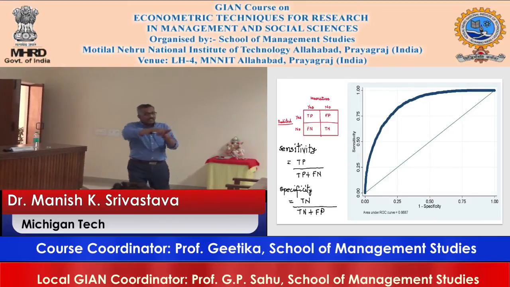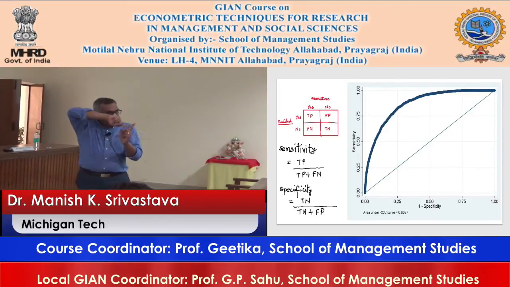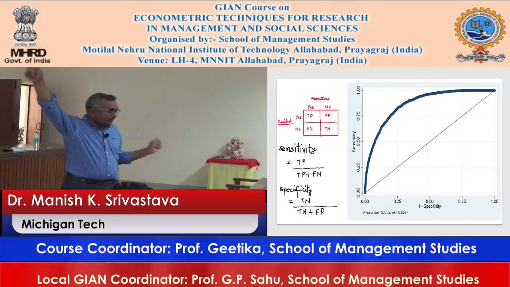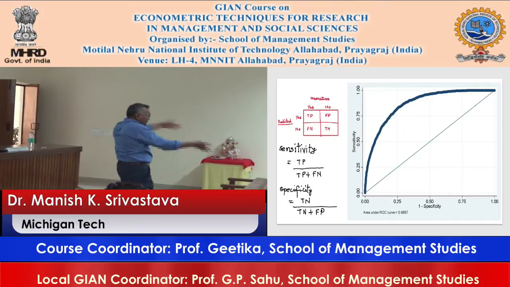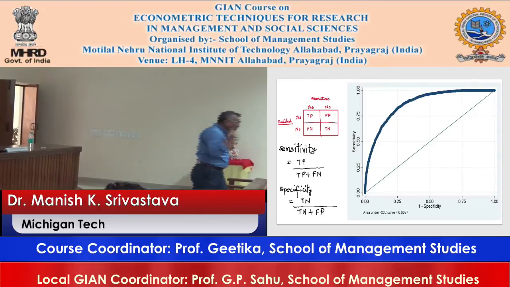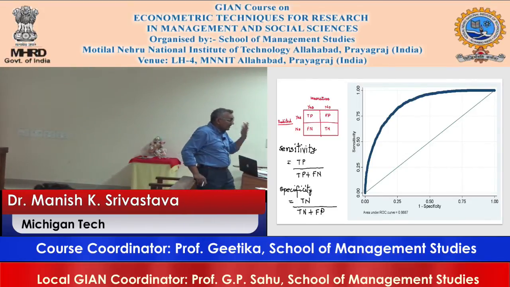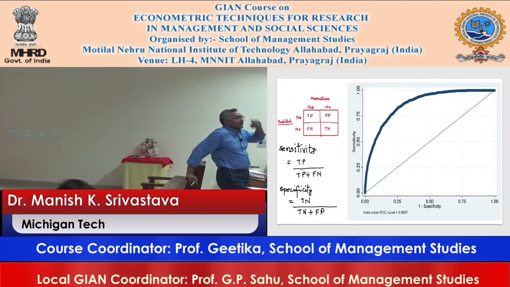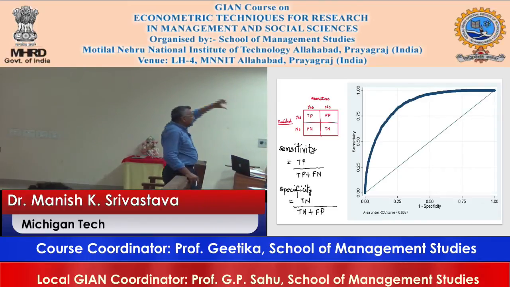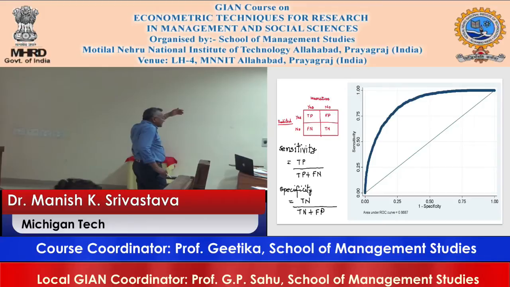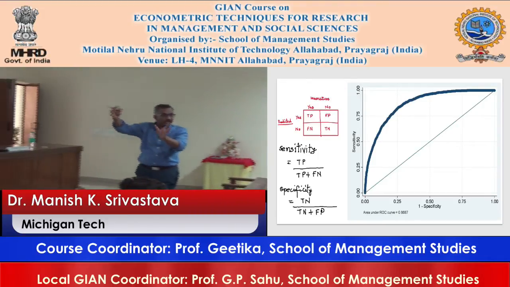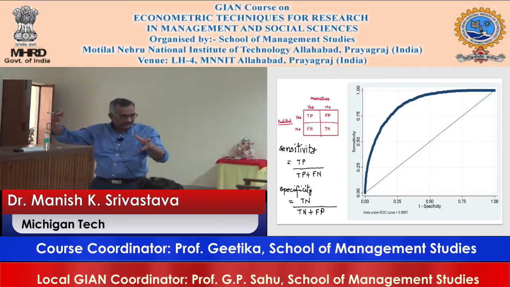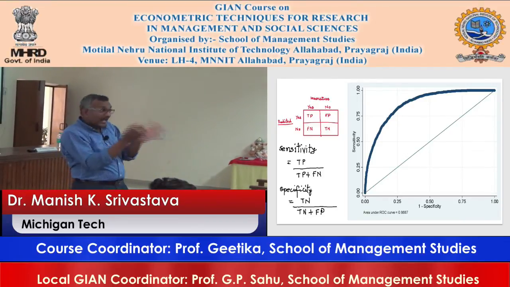And I need to maximize true positive and true negative, those two diagonal cell observations, and the other diagonal I have to minimize. Only if I have a model like that can I say my model is good. It is predicting most of the true positives as positive, and most true negatives as negative. Then only can I say, yes, I have got a good model.